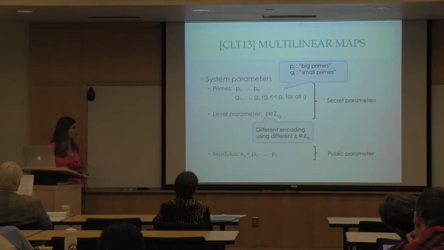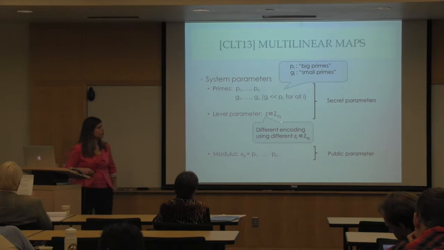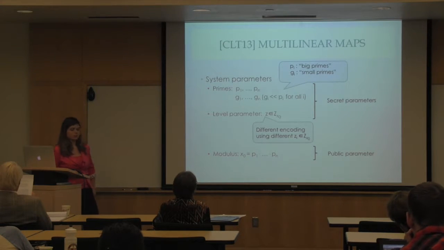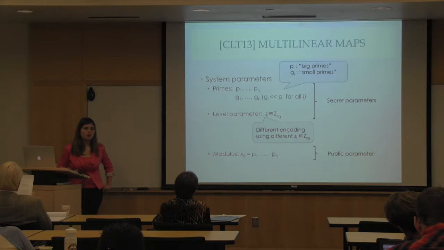I also want to note that in this construction, you could easily define different types of encodings where you would be using different level parameters, but for the purposes of this talk, we are using just one.